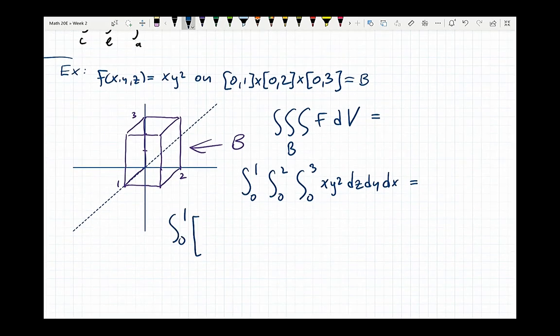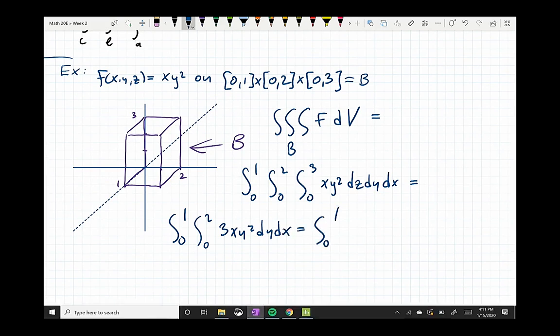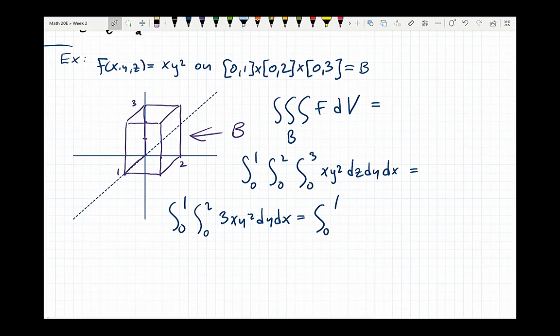So, okay, that's 0 to 1, 0 to 2. There's no z dependence there, so I just get 3xy squared. Then x y cubed over 3 from y equals 0 to 2.